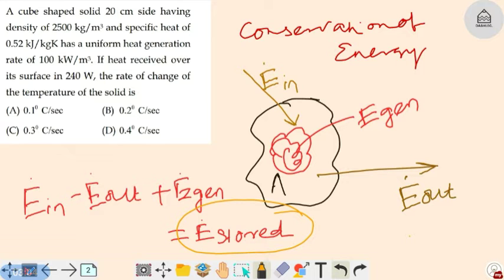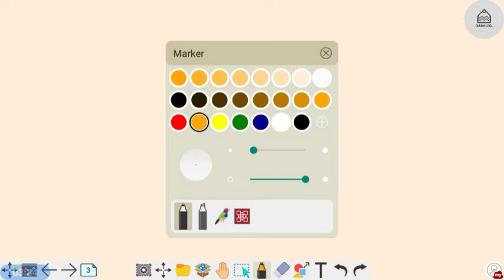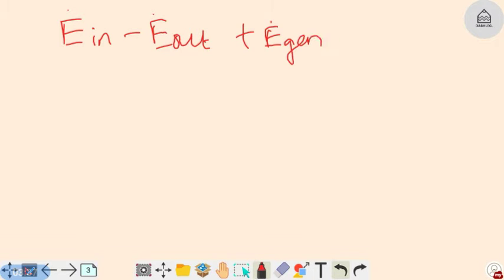So in the question it has been said that if heat received over its surface is 240 watt, so the net E in minus E out is 240. Here I am writing E dot in minus E dot out plus E dot generation is equal to E dot stored.